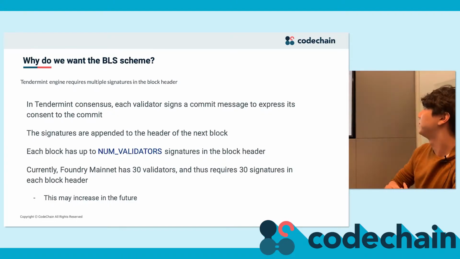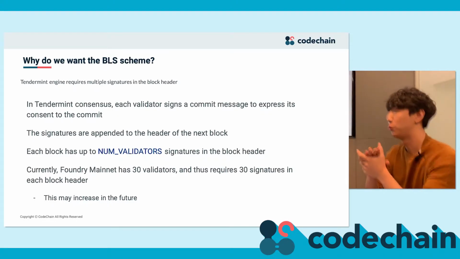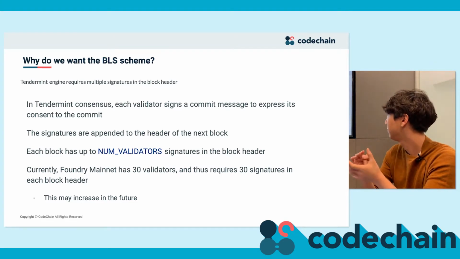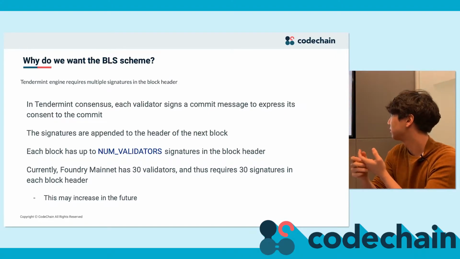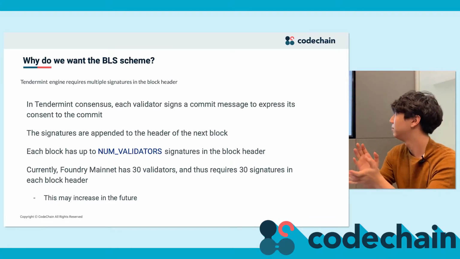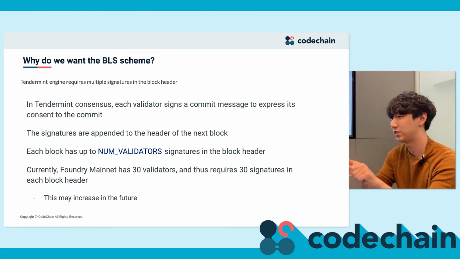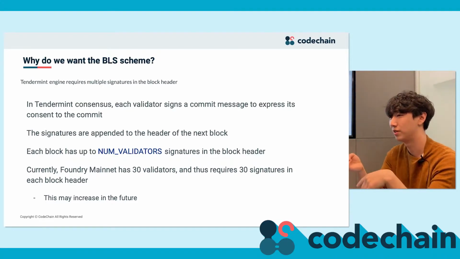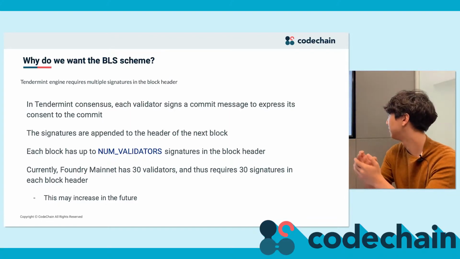And why do we want the BLS scheme? Because we want to reduce the signature size of the block header. The Tendermint consensus engine requires multiple signatures in the block header because each validator signs a commit message to express its consent to the commit, which means that to agree on the commit message, it has to sign on the message, and the proposer has to append the signatures on the next block header to prove that the previous commit was valid.